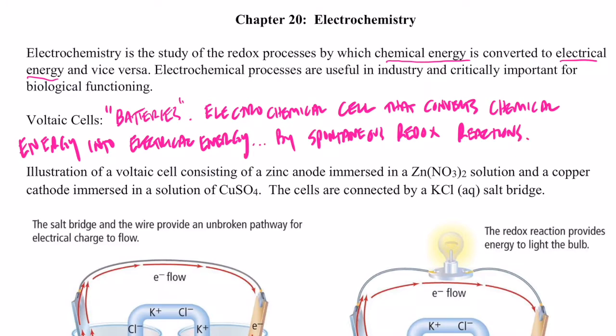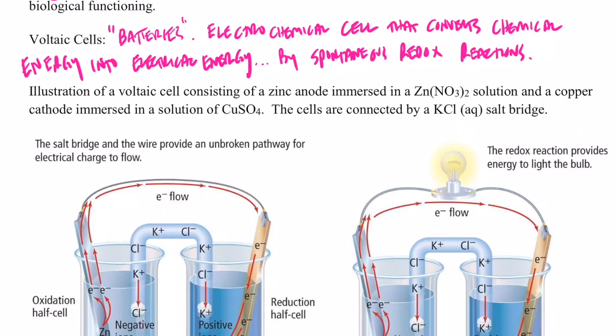Okay, now the best way to show this is with the classic example, a zinc copper battery. Every chemistry textbook that you will ever see will have this particular example. We will have a zinc anode. I'll tell you what an anode is in just a minute. And it's submerged in a solution of zinc nitrate.